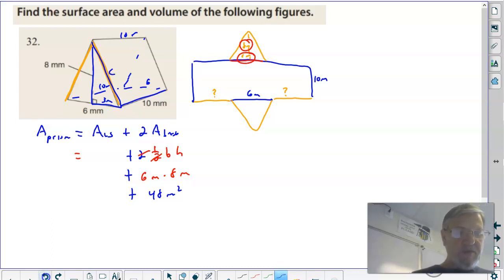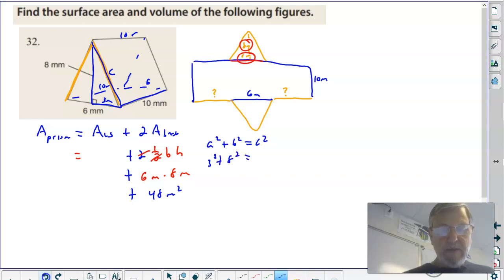So Pythagorean Theorem: A squared plus B squared equals C squared. All right, one side is 3, one side is 8, and C is what we're looking for. 3 squared is 9, 8 squared is 64 equals C squared. 9 and 64 is 73.